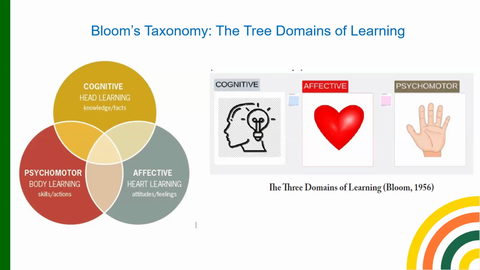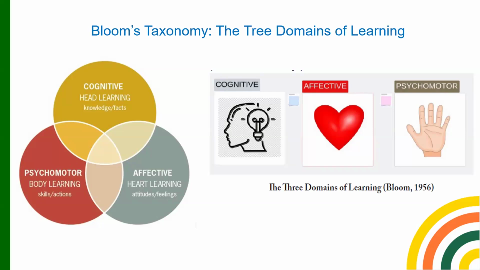Similarly, the other domain is psychomotor domain. There the focus is on body learning. In other words, we can say hand learning. There we focus on hand, that means skills and actions. That's why they are called three domains of learning according to Bloom's taxonomy.